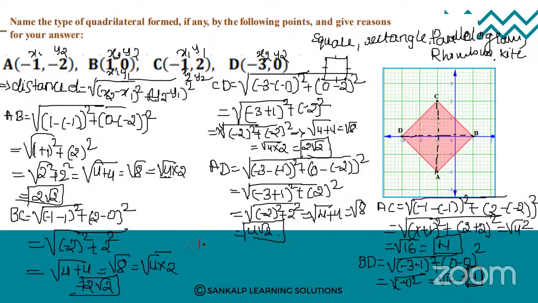Therefore, AB is equal to BC is equal to CD is equal to AD, and the diagonals AC and BD are equal. Therefore, ABCD is a square.